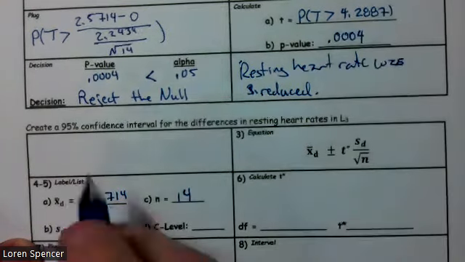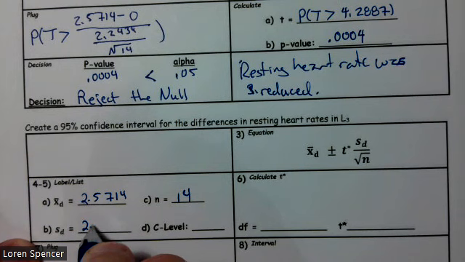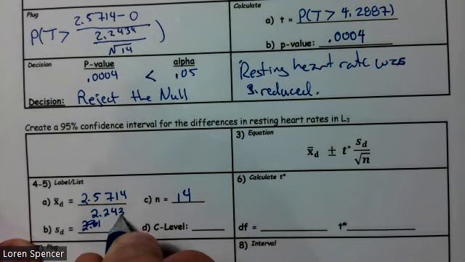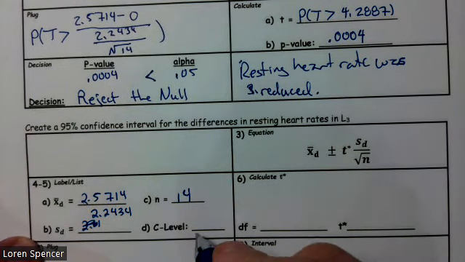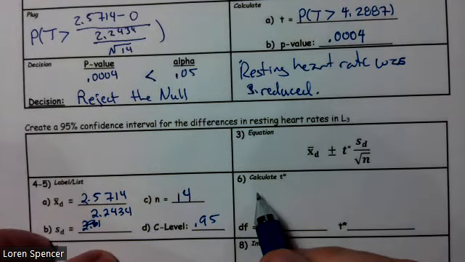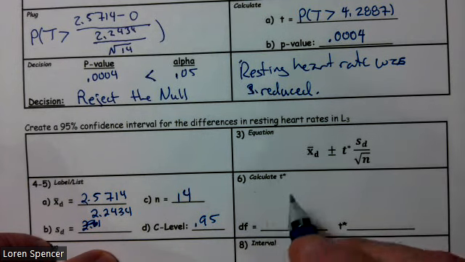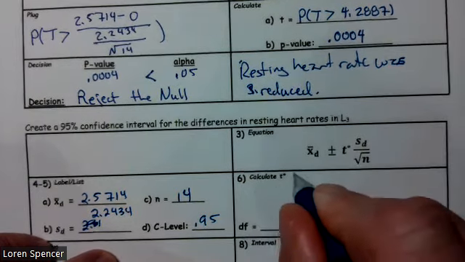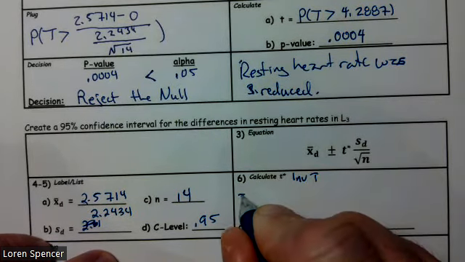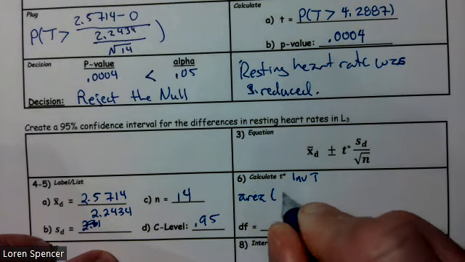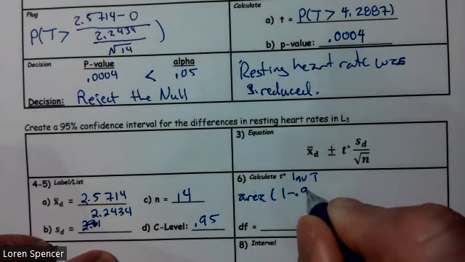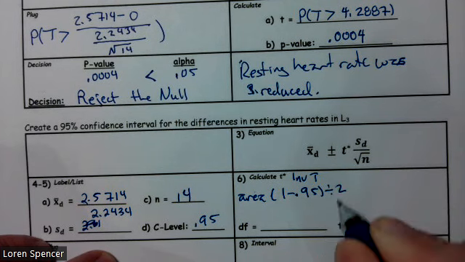Our sample standard deviation is 2.2434, and our confidence level was 95%. So we're going to calculate T star. It's going to be an inverse T. They're going to ask us for our area, and it's going to be 1 minus 0.95 divided by 2.